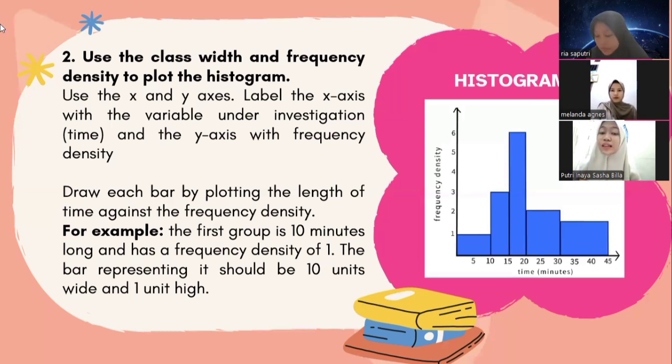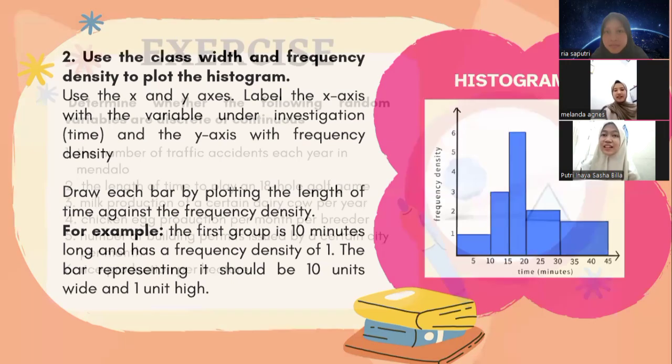Discrete data is data whose values are limited to whole numbers, while continuous data is data whose values can change continuously within a certain range and are not limited to whole numbers. Is there anyone else who wants to ask?